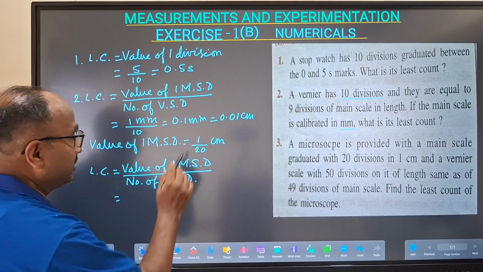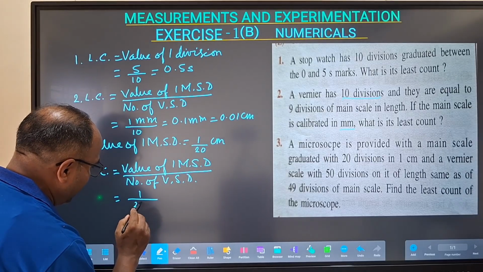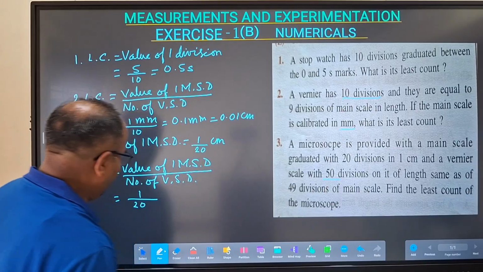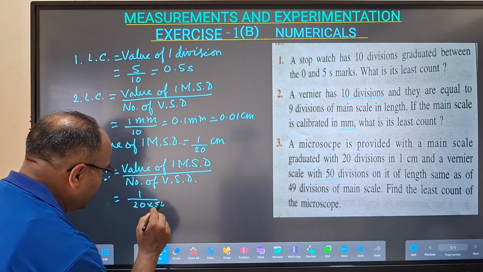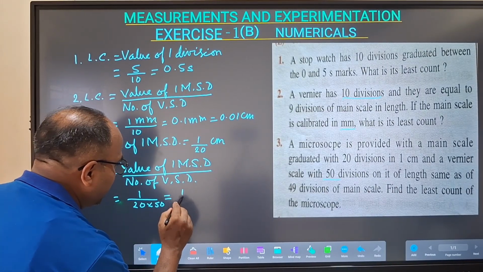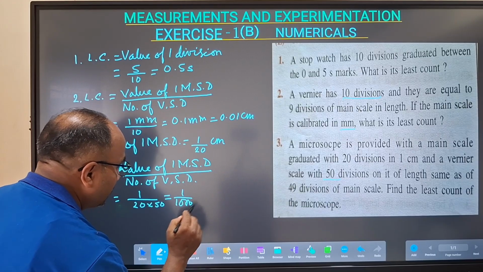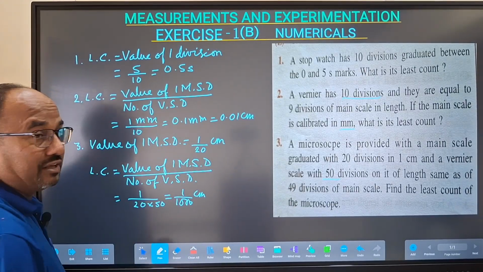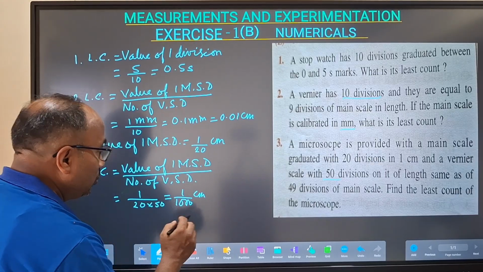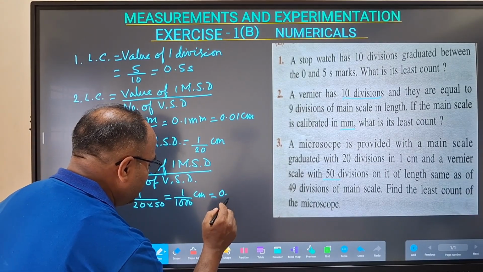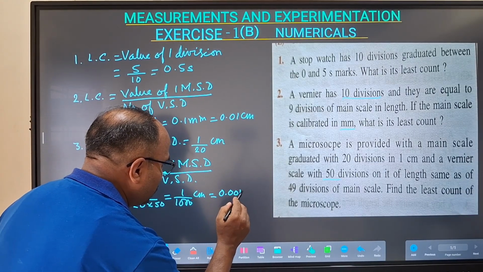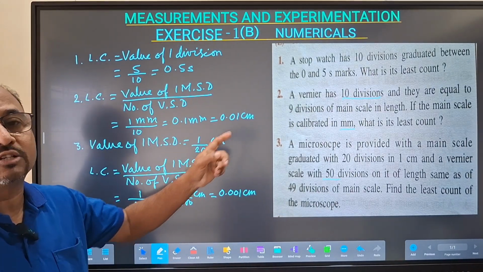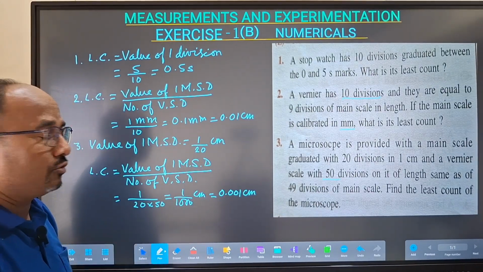So value of one main scale division we have got 1 by 20, and the number of vernier scale divisions given to you is 50. So it will come in the denominator. So that comes as 1 by 1000. This will be in centimeter because the value of one main scale division is in centimeter. 1 by 1000 will give you 0.001 centimeter.